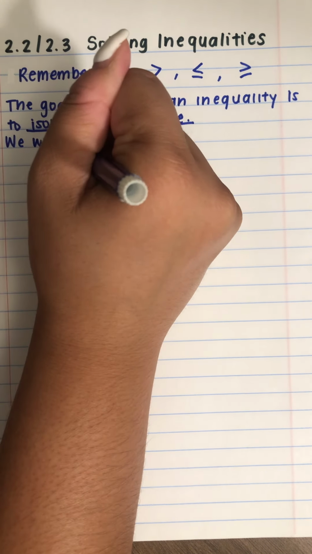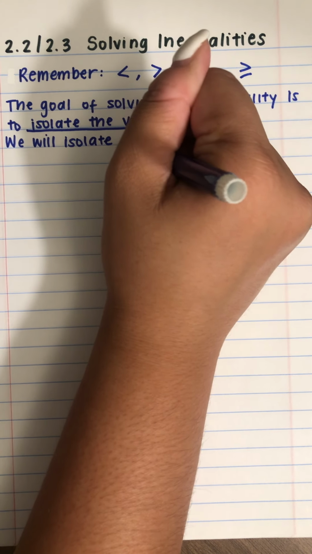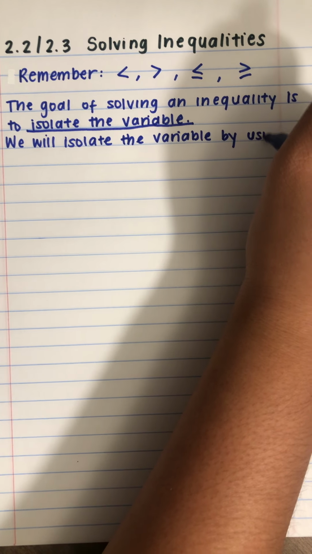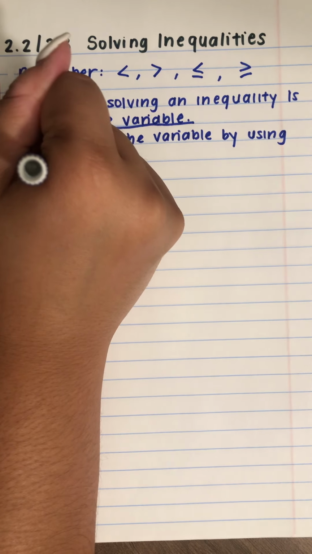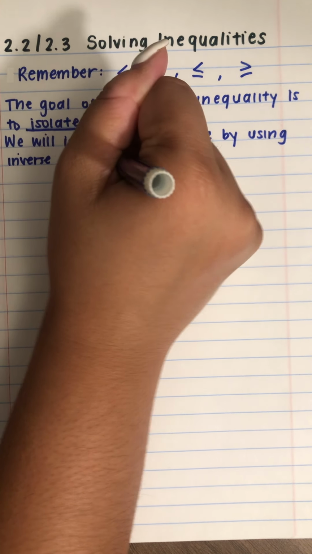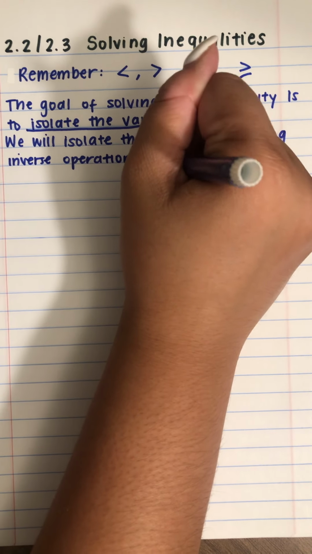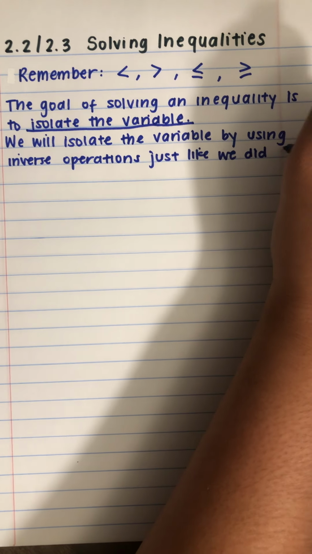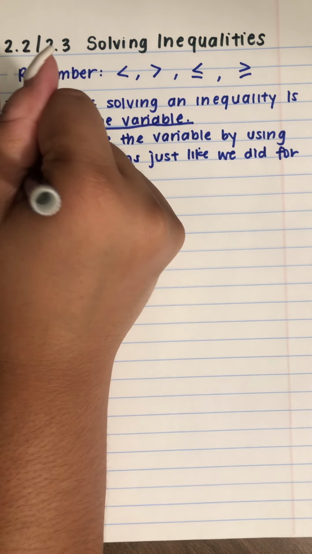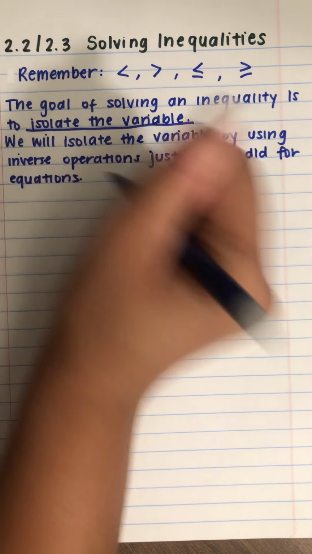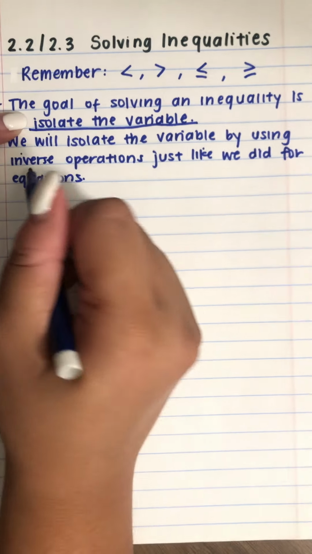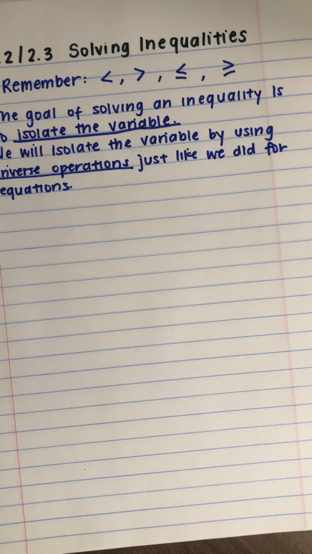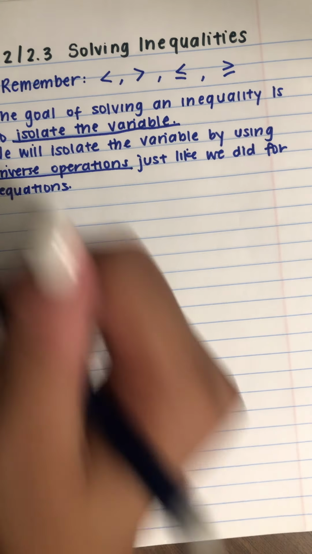We will isolate the variable by using inverse operations, just like we did in chapter 1, like we did for equations. Again, we are isolating the variable using inverse operations, both of which we've done in chapter 1. So let's go ahead and look at some examples.